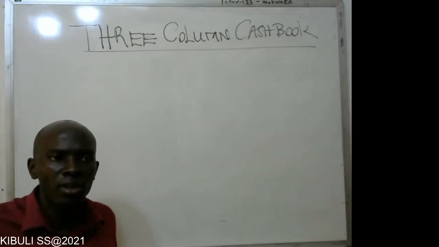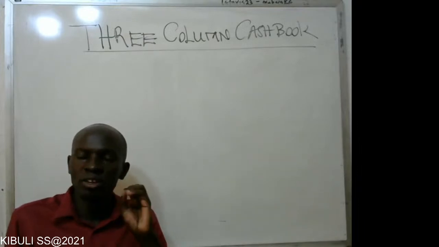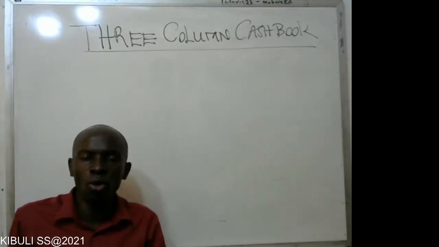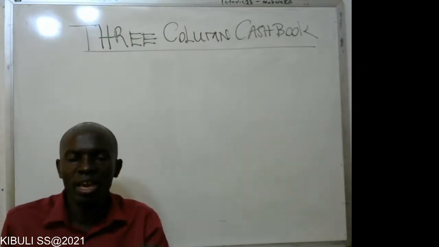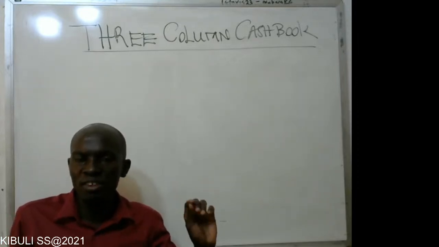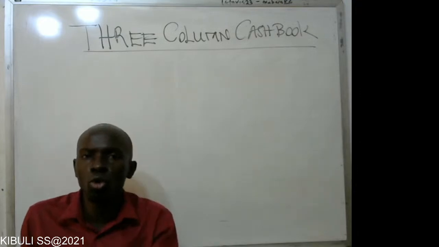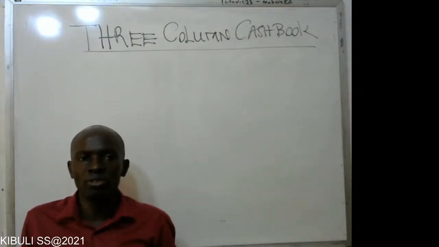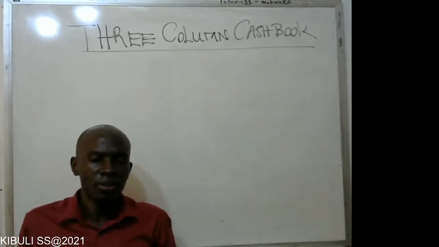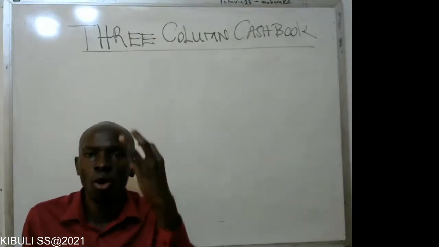Simply because it has 3 amount columns. That is why we call it a 3-column cash book. The previous one was a 2-column because it had only 2 amount columns, the one for cash and the other one for bank. So this one is a 3-column because it has 3 amount columns.